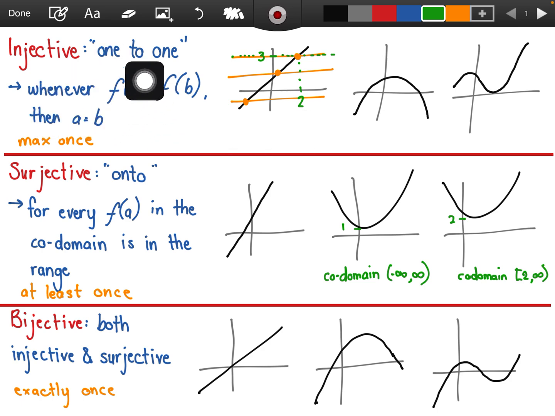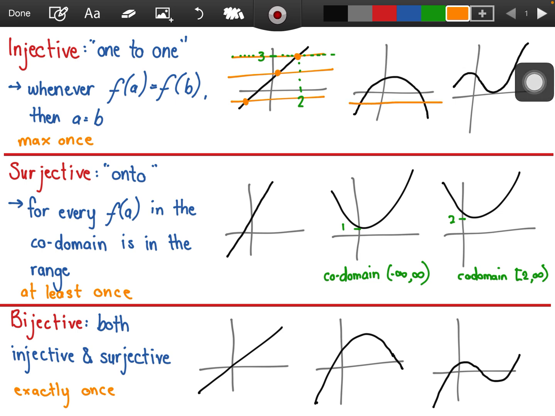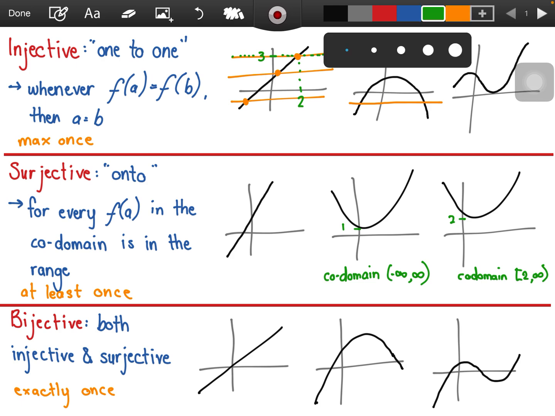So if the y coordinate that we get out for f of a is the same as some other y coordinate, it must mean that the inputs were the exact same. An example of where that wouldn't be the case is in this next one here. If I draw a horizontal line on this, let's say the value I've chosen is -1.